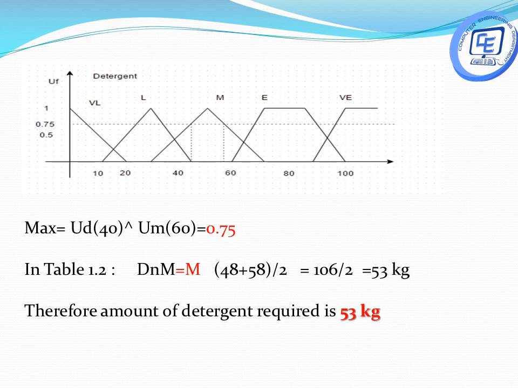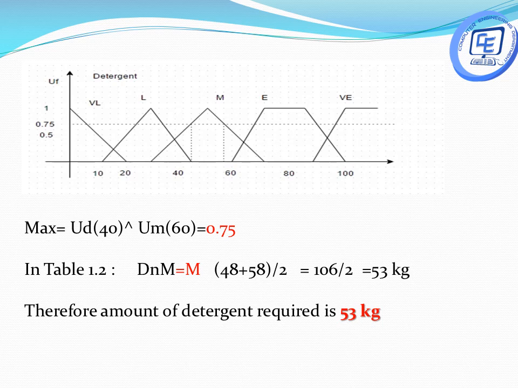Considering this M parameter, and as shown in red color in the text, 0.75 is the value of the membership function. On the y-axis of the membership function I will mark 0.75, and for the medium parameter I will draw a dotted line at 0.75 parallel to the x-axis.